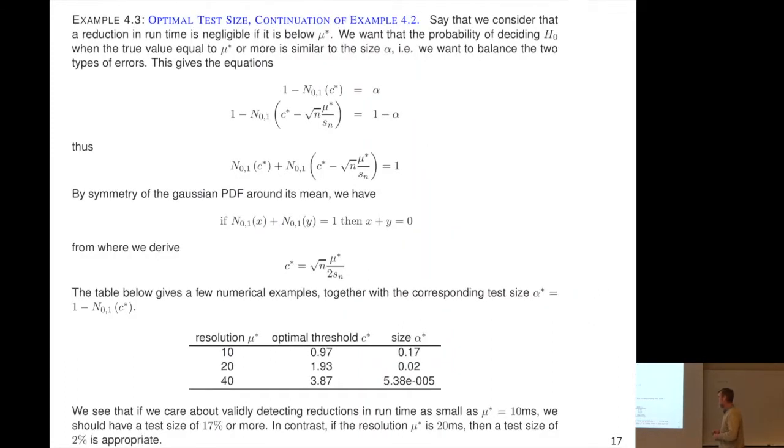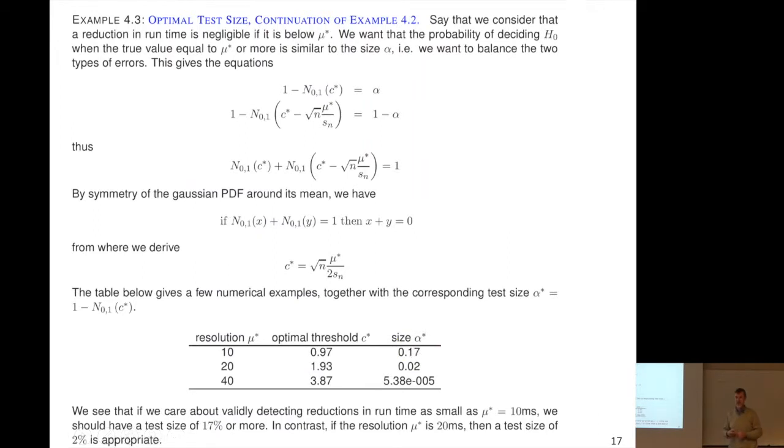So if I redo exactly the test, I could do two things. I could say, instead of fixing the size of the test, I want to find the best size that corresponds to the resolution of the test. If I care about validly saying things about response time when they are larger than 10 whatever unit, here milliseconds, then the size of the test that I should choose is 17%.